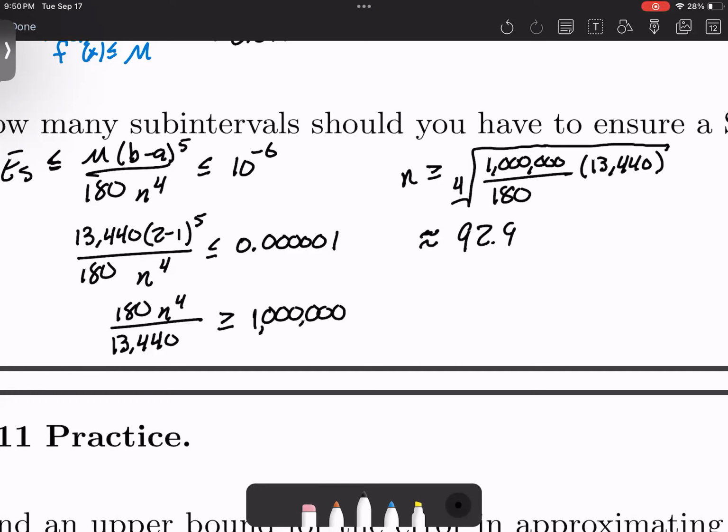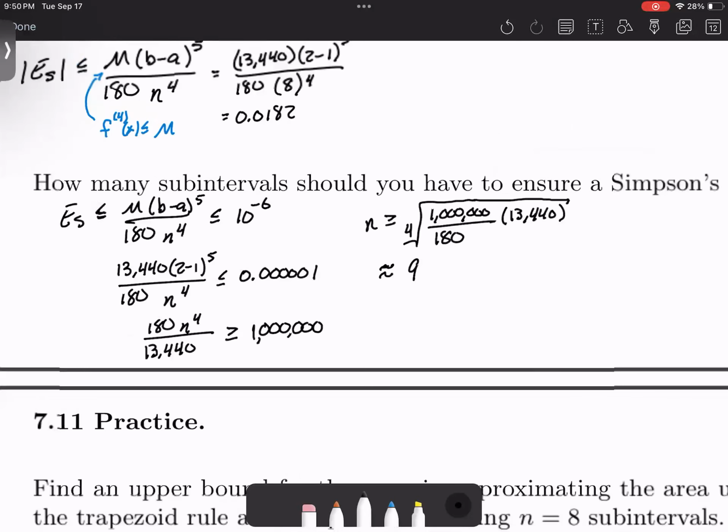So you obviously can't have 0.9 of a partition, so n has to be at least 93. So if you use at least 93 subintervals, you'll have that small of an error.